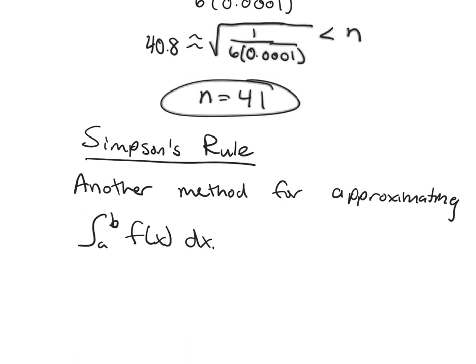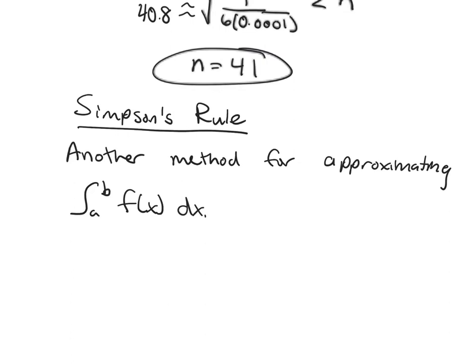I'll give you the formula in just a second, but with Riemann sums, how did we approximate the area? What objects did we use? We used rectangles, or if we did the trapezoidal rule, we did trapezoids, right?